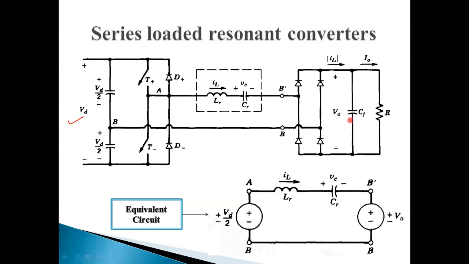So this capacitor is used to nullify or reduce the oscillation. Finally, this resistor is our load, so our load is a resistive load. The equivalent circuit of this main circuit is this.